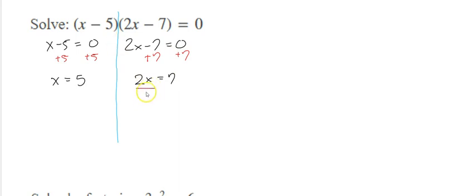To get x by itself, I divide both sides by 2, and I get x equals 7 over 2. So the solution to this problem is that x is either going to equal 5 or x could equal 7 over 2.